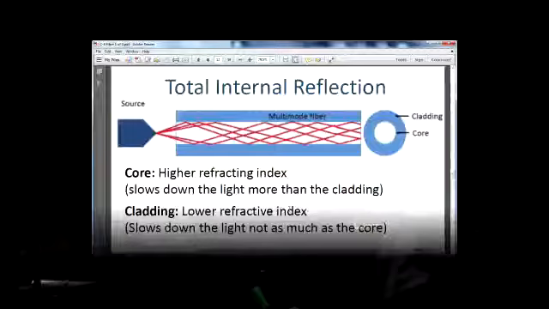Sometimes there's the temptation to think that in the core the light travels faster than it would in the cladding. No, actually the core slows it down a little tiny bit. Imagine the cladding that surrounds the core as a slippery surface towards the light. So the light is just going to bounce off that.